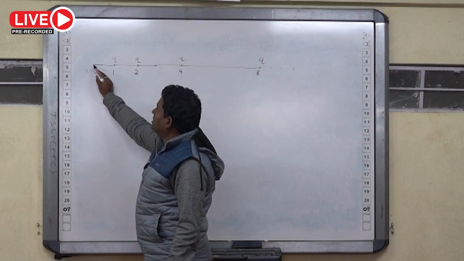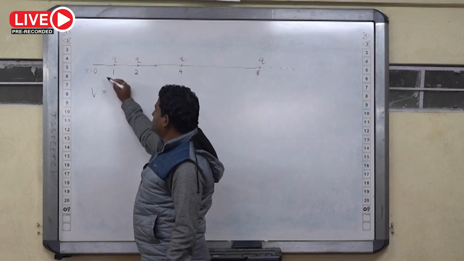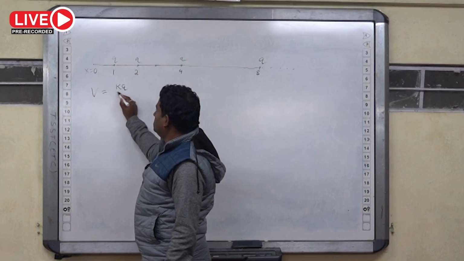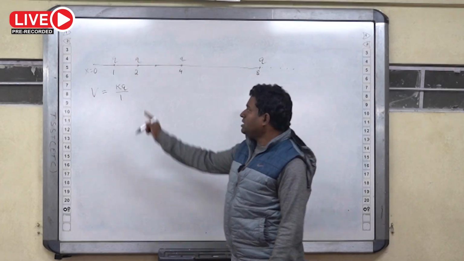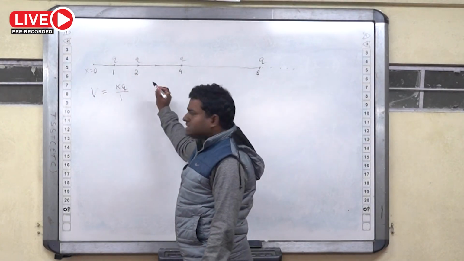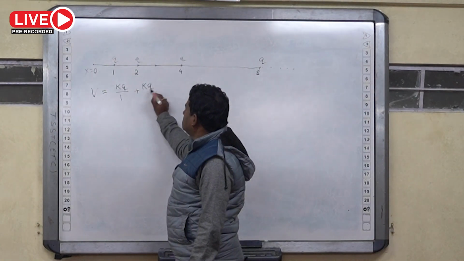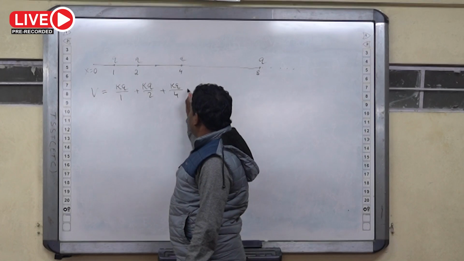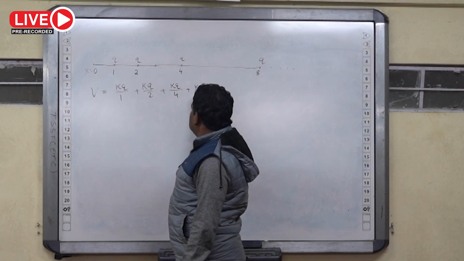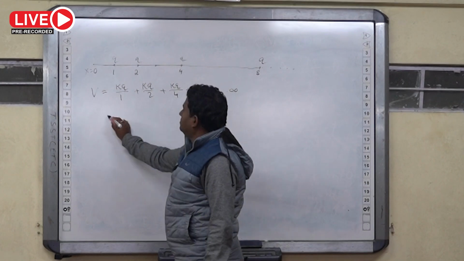For the first charge, the potential at this point is kq by r, so kq by 1, where we consider all units as SI units. Then the next one is kq by 2, then kq by 4, kq by 8, and so on up to infinity.